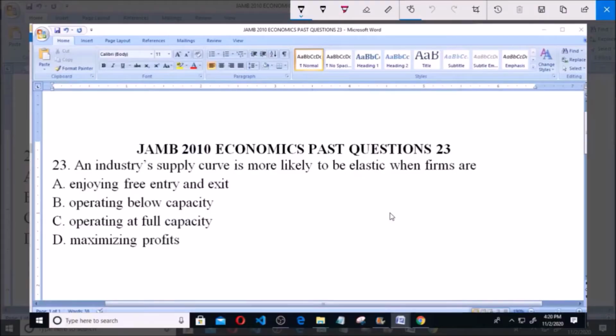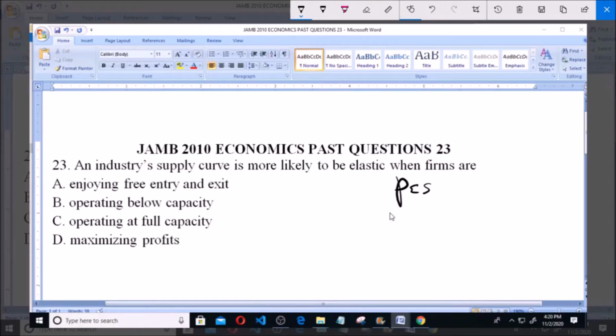JAMB 2010 Economics past question number 23 says an industry's supply curve is more likely to be elastic when firms are. Price elasticity of supply is more likely.